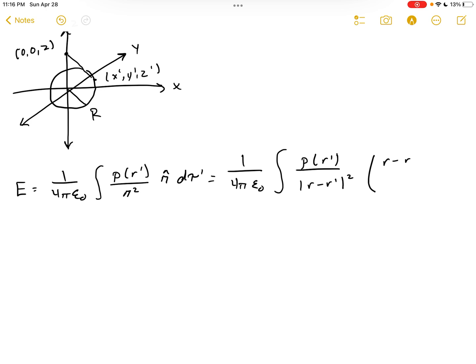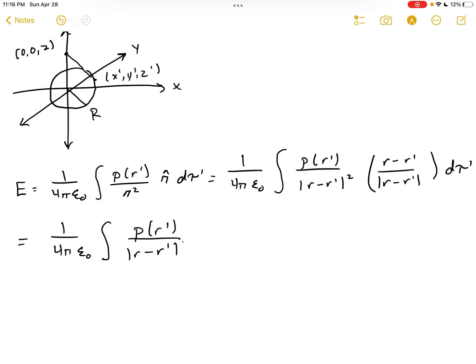It's r minus r naught, the magnitude d tau, which ultimately equals 1 over 4 pi epsilon naught times rho r naught over the magnitude of r minus r naught cubed, times r minus r naught d tau.